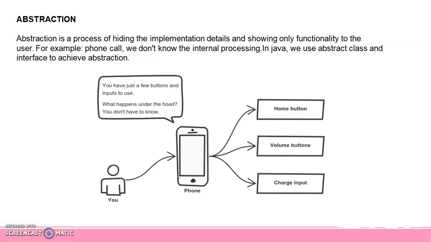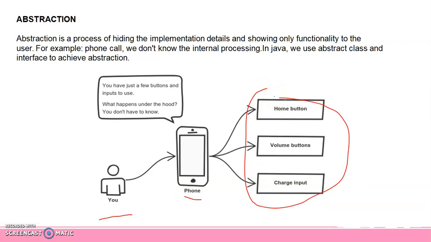For example, a phone call. We don't know the internal processing. The real-time example is, one person is going to make a call. In that phone, there is internal processing, a home button, volume button and charge input.